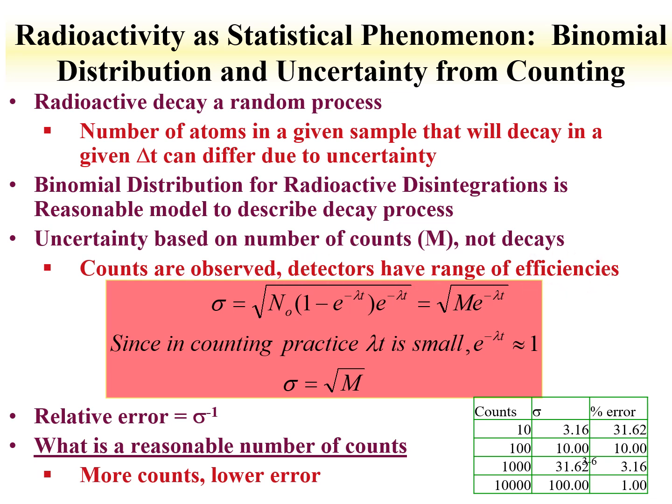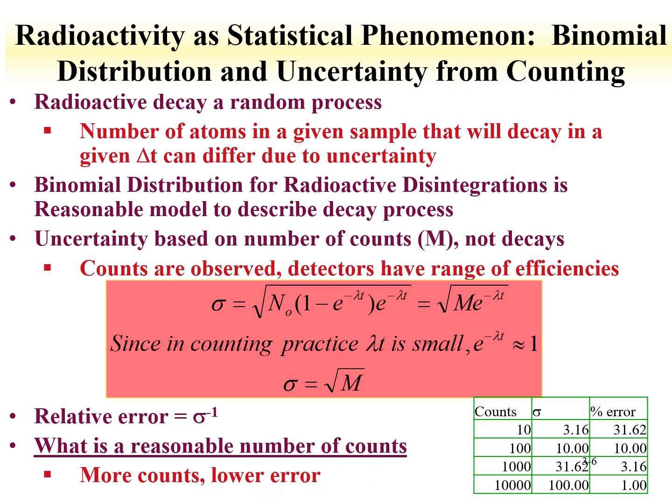And the term for the uncertainty is based upon this expanded equation, but in practice, the decay constant times the time is small. This value becomes 1, and the standard deviation winds up being the square root of the number of counts that one observes. The relative error from this effort is just the inverse of that value.